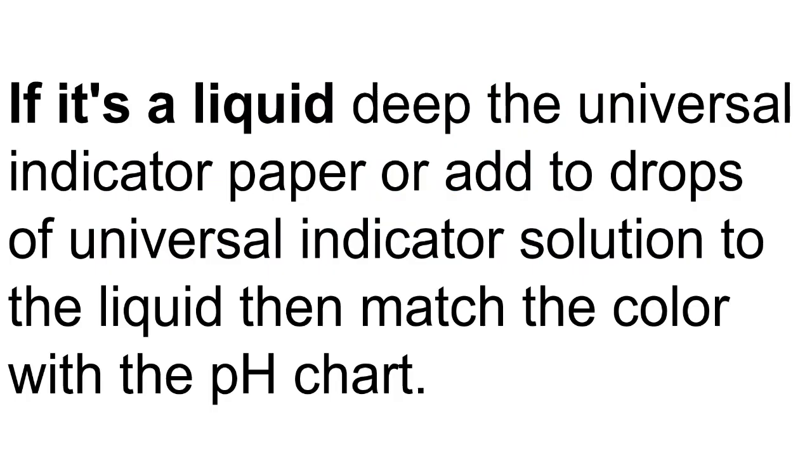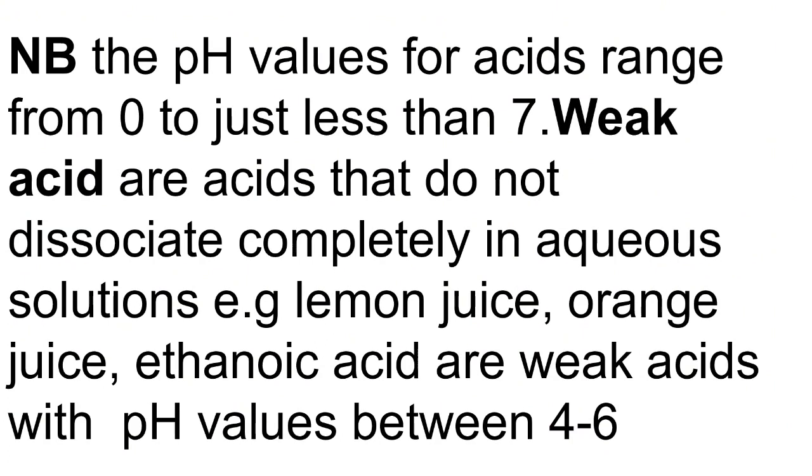Now, if whatever you are testing is a liquid, then dip the universal indicator paper into the liquid or add a few drops of the universal indicator solution into the liquid. Then match the color with the pH chart. And you'll be able to tell whether your liquid is a strong or weak base or acid.